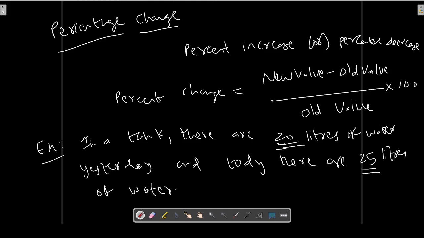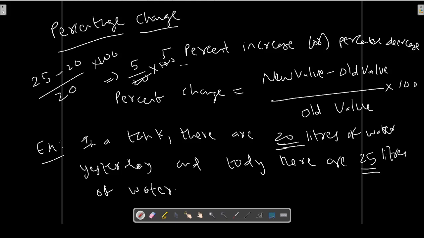Now the percentage change can be given as 25 minus 20 by 20 into 100. By solving this, we can get 25%. That means the percentage change is 25. Here the percentage change is positive.